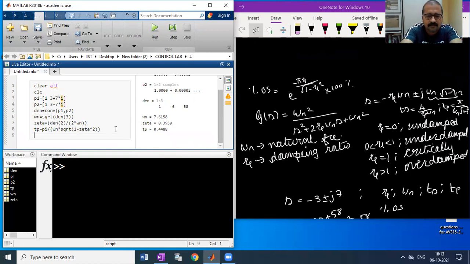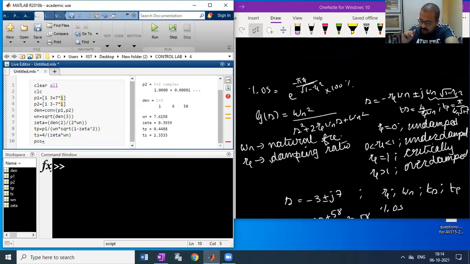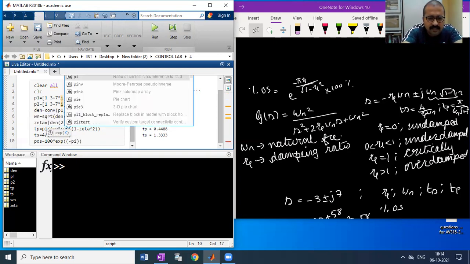Now, how will you find settling time? Settling time is nothing but 4 divided by zeta star omega n. How much is that? 1.333 seconds. But now what next? We are asked to find the percentage overshoot. What is percentage overshoot? E raised to minus pi zeta divided by root of 1 minus zeta square into 100%.